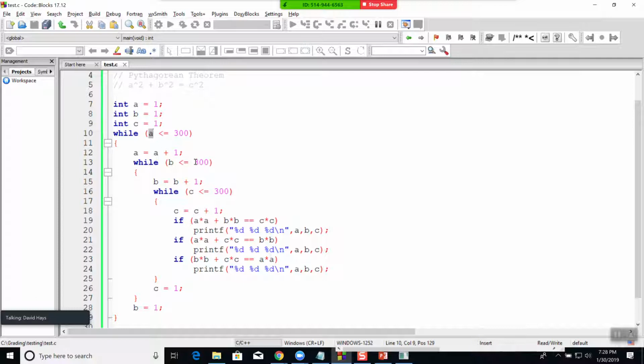Then, let's see if I remember how to do this efficiently. Okay, if I assume A is going to be my smallest number, B is my next one, then I can simply put else's on here.